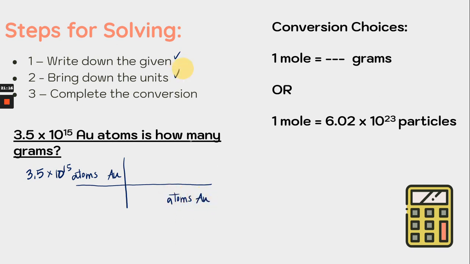Done. Step 3, fill the rest of this in. So I already wrote the word atoms down. This first conversion does not have the word atoms in it, so I can't use that one. The second one, though, has moles and particles can be atoms. So I'm going to use this one. So if atoms are already on the bottom, moles are going to be on the top.